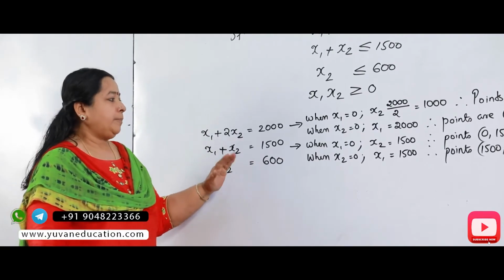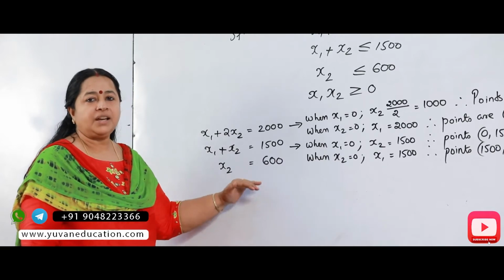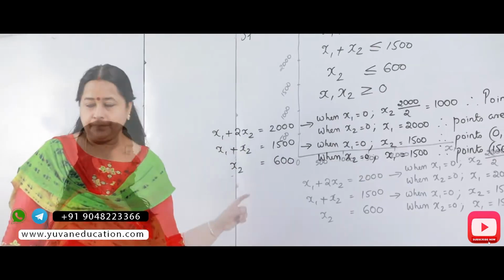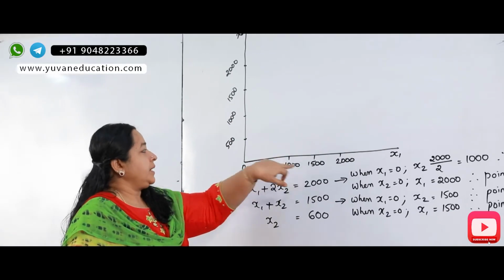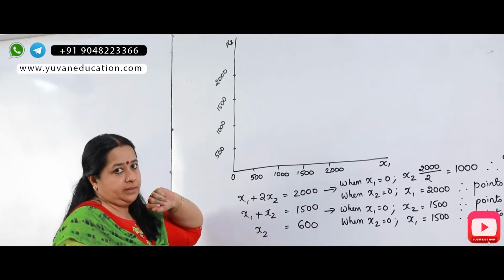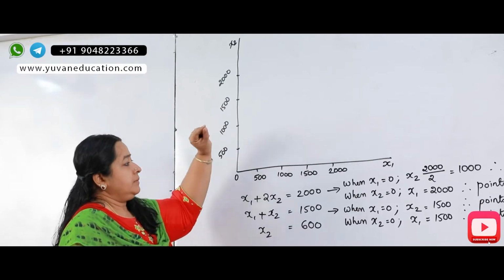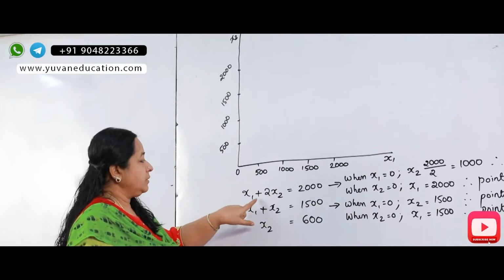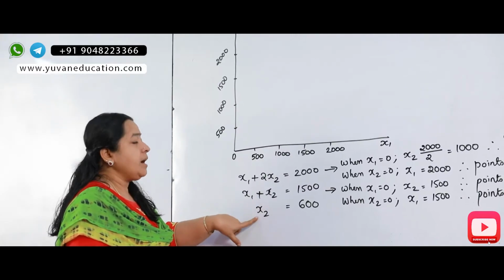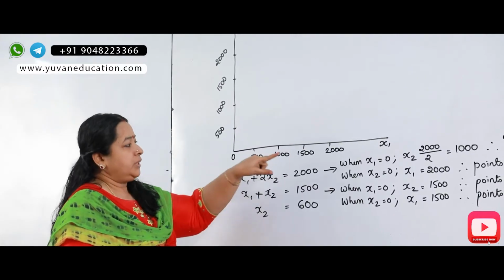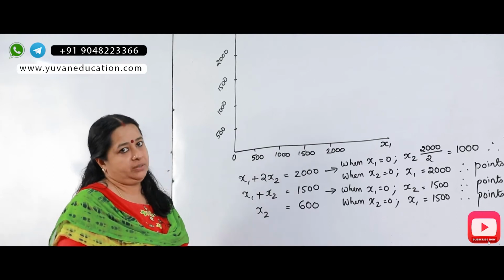Let us prepare the graph with the help of this. See, this is the axis, x1 axis and x2 axis. We are preparing lines for this constraint and for this constraint and for this constraint with the help of these points.